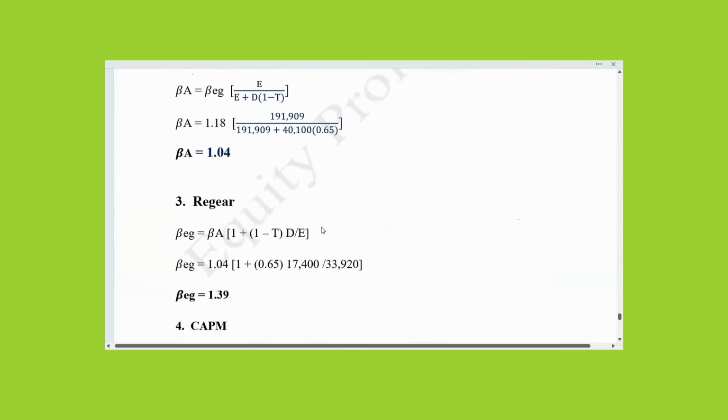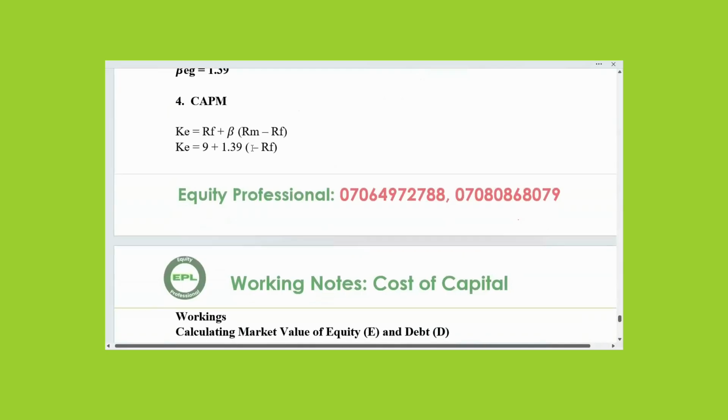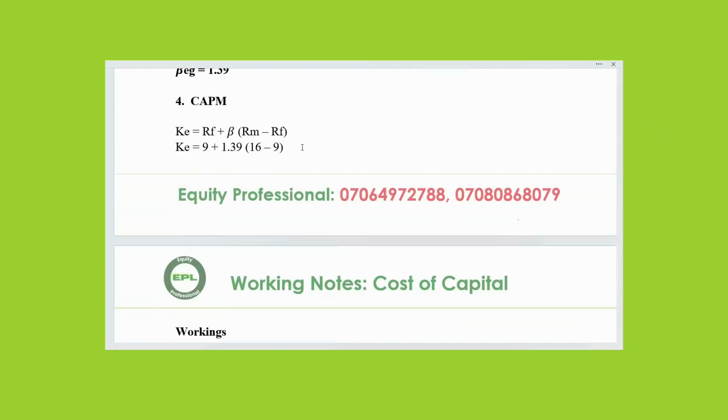So market return is 16, then minus risk-free rate of return of 9. What's your final answer, please? 18.73%. So that's our cost of equity using the capital asset pricing model.